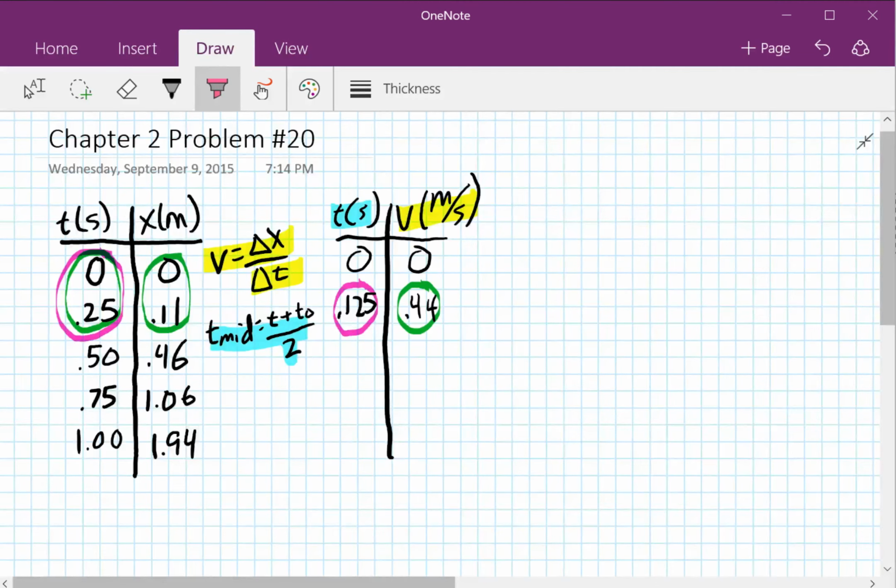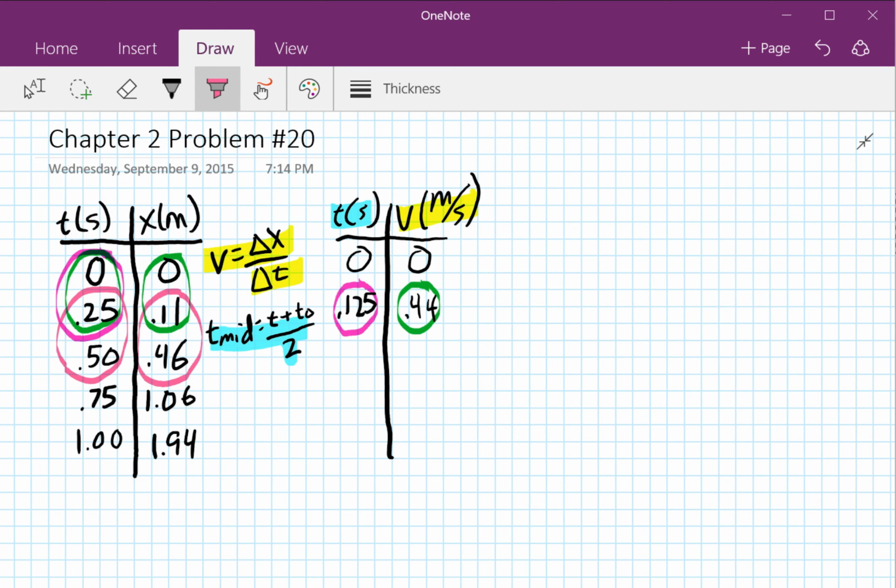Okay, now for the next one, you have to look at the next pair. So here's the next pair. So using those two, you'll get a value for this location. Taking the final, so 0.46 minus 0.11 divided by 0.50 minus 0.25, you'll get a value of 1.40.